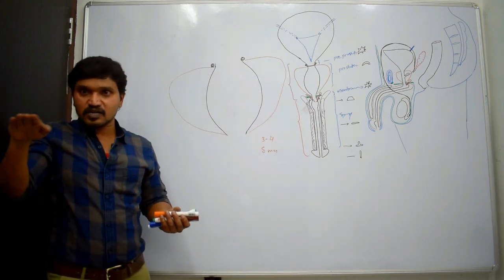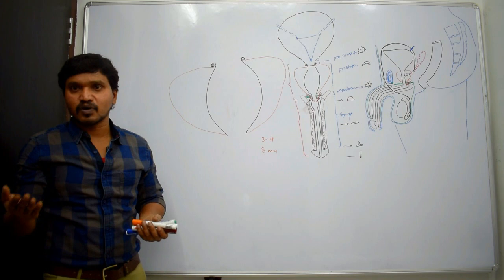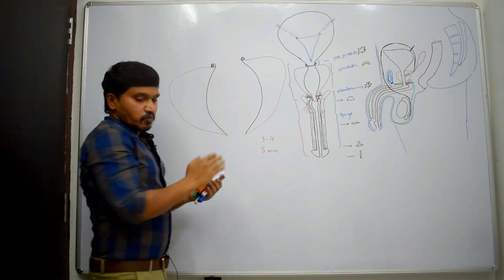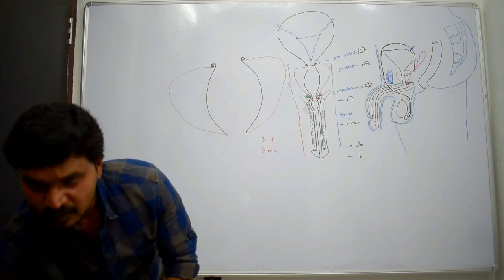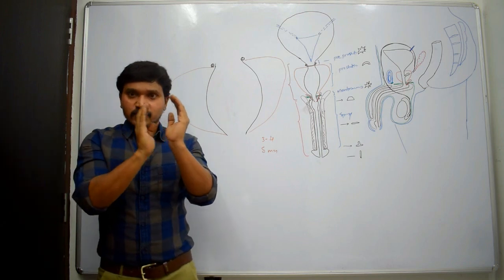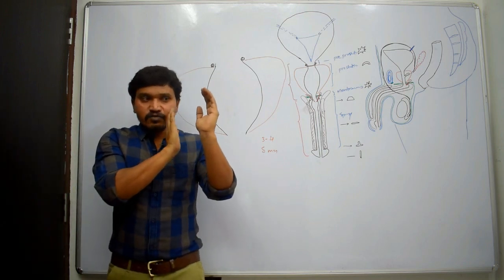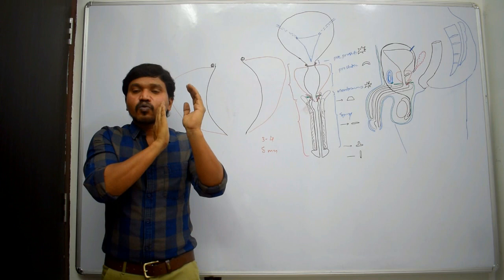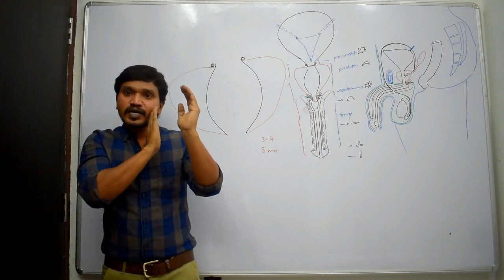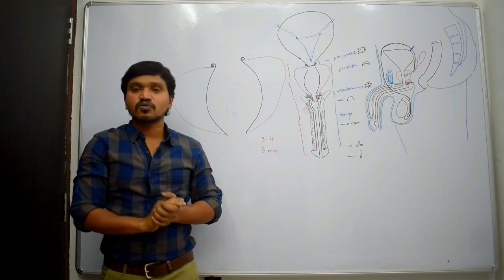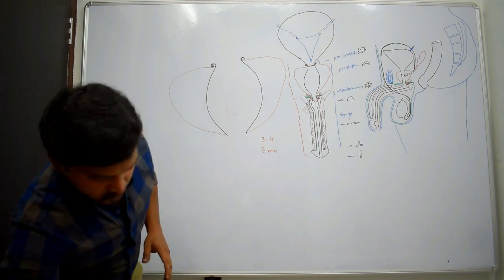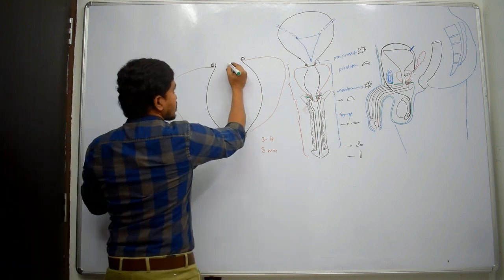If you take the transverse section, it is concentric in shape. Why? Here in the posterior wall, imagine this is the prostatic urethra. From the posterior wall, there will be one crest or one longitudinal mucosal fold extending forwards. That crest we are calling the urethral crest. So, this is the urethral crest.